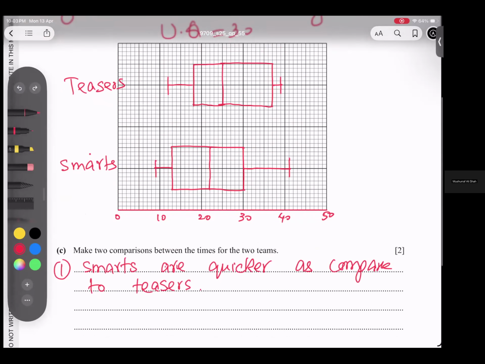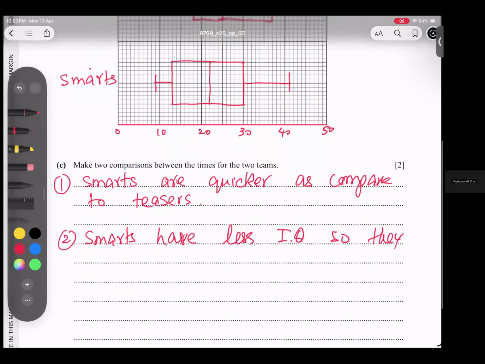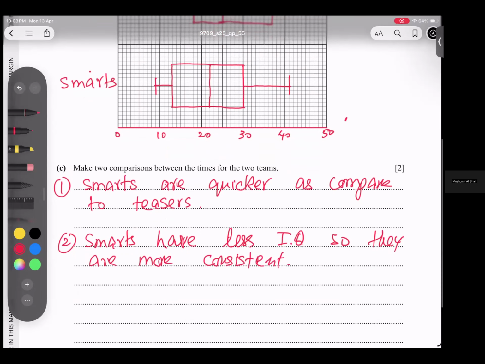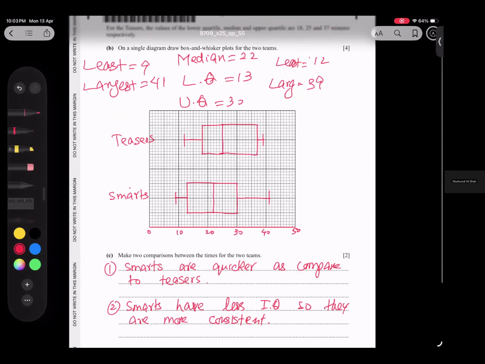Again, number two, Smarters have a smaller interquartile range, so they are more consistent. I think the point is very clear. So I think our concept is clear and we just need attention, and the question is completely over.